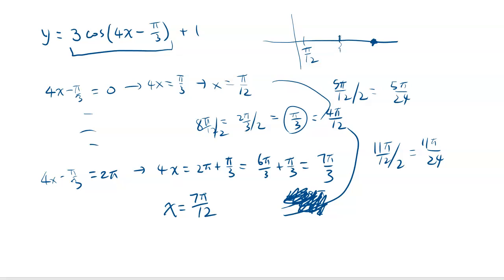We don't have to be exact, right? So we're going to put 7 pi over 12. If you are given a grid paper to draw this, you should just make pi as 3 and try to draw it there. Then you divide this into half, and then half, and half, and just write these values. This is 5 pi over 24, this is pi over 3, and this is 11 pi over 24.